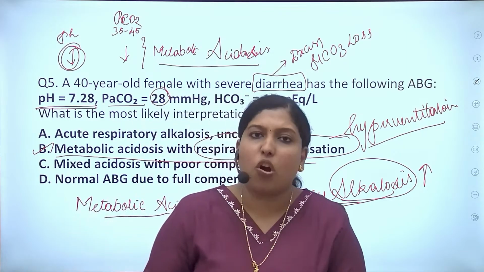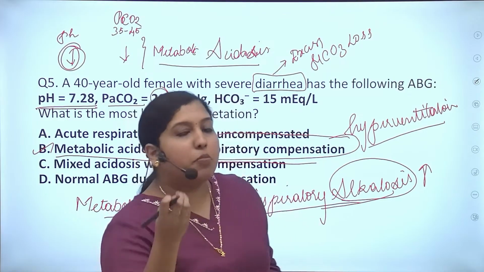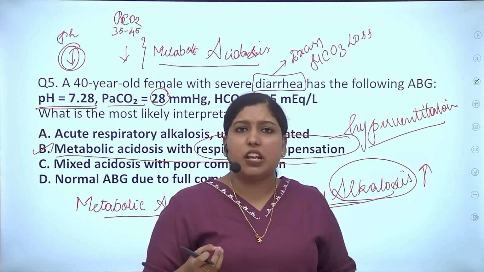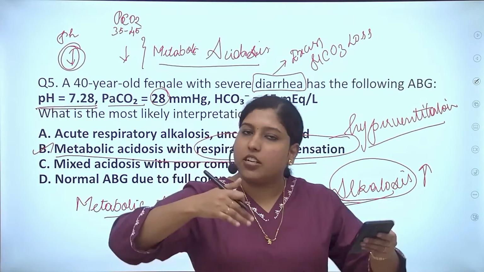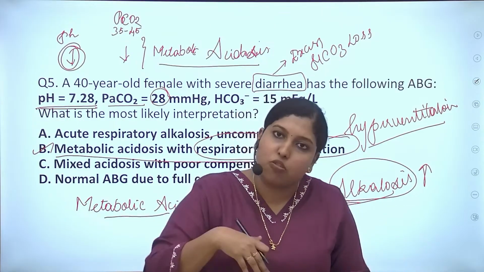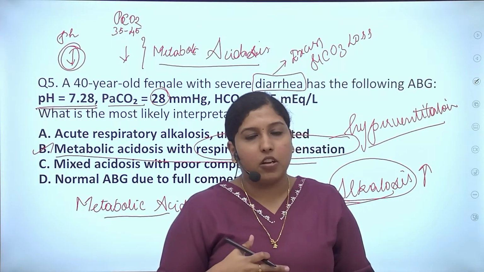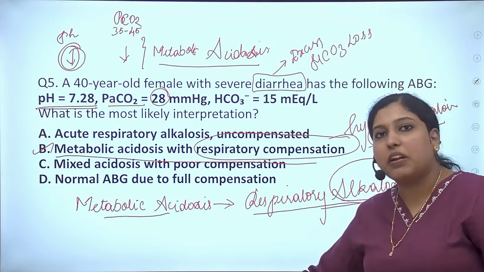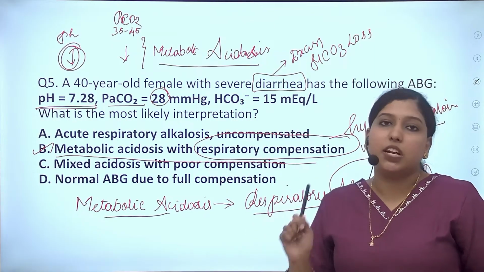CO2 will be washed out. There will be no acid accumulation. Your carbon dioxide accumulates as carbonic acid. In case of hyperventilation, my carbon dioxide is not going to accumulate. But in case of hypoventilation, carbon dioxide is going to sit inside my lungs, which is going to cause excessive acid accumulation. So here, when the patient is already in metabolic acidosis, the normal respiratory compensation which is going to happen is hyperventilation.